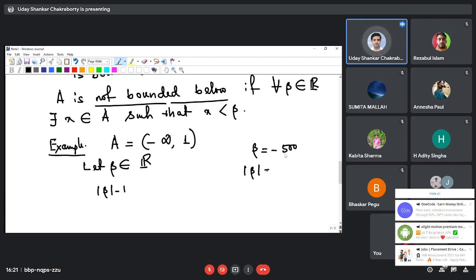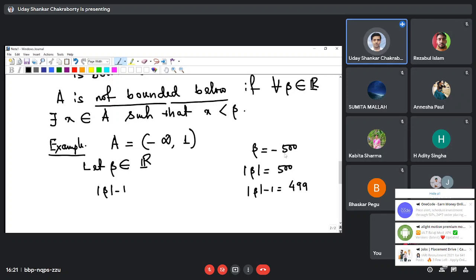Mod beta will be 500, and mod beta minus 1 will be 499. Do you feel that 499 is less than minus 500? Sir, in this case we will take only beta minus 1. But how do you know that beta is negative? Beta may be positive also. You do not know whether beta is negative or positive, but one element you have to choose which works for both. So please think.